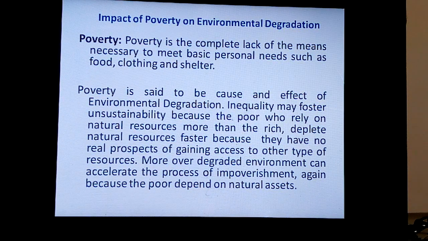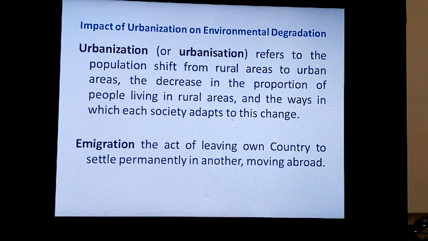Moreover, a degraded environment can accelerate the process of impoverishment again because the poor depend on natural assets. Means, the rich will have many sources, but the poor will totally rely on natural resources only for their livelihood. That is why they cause environmental degradation faster.